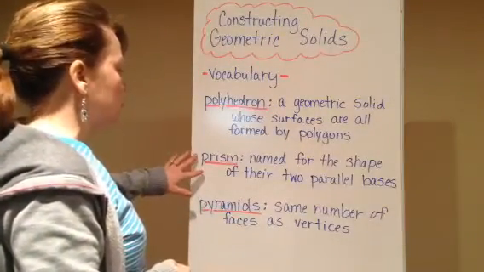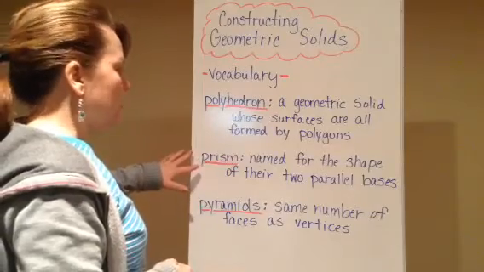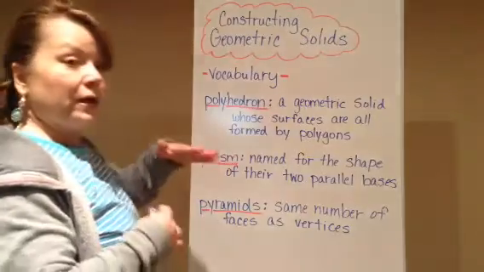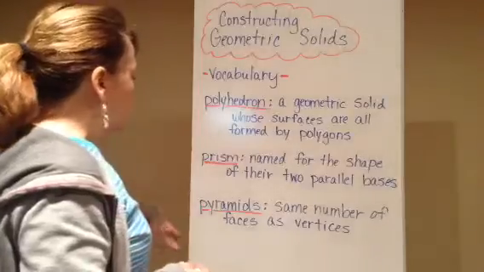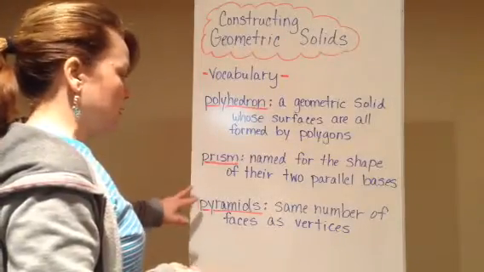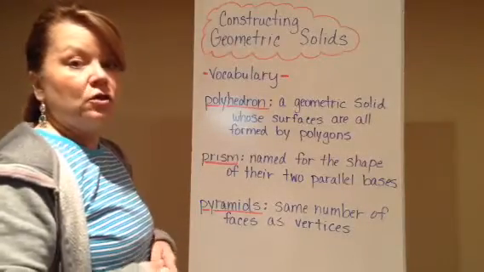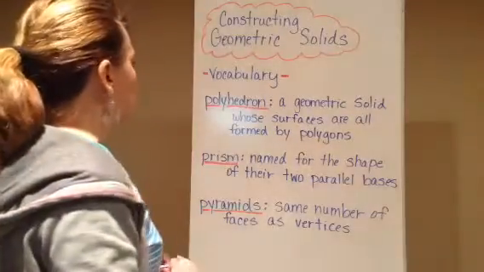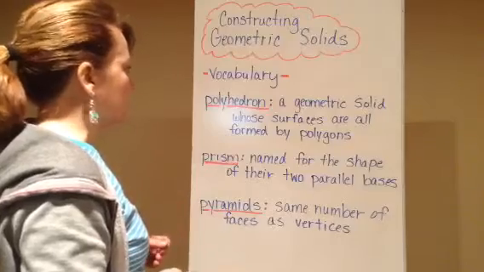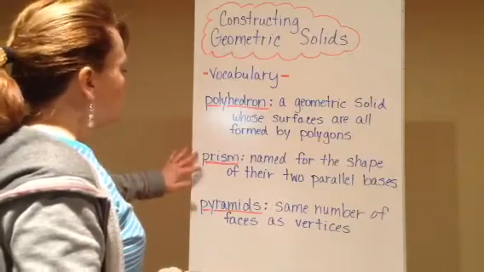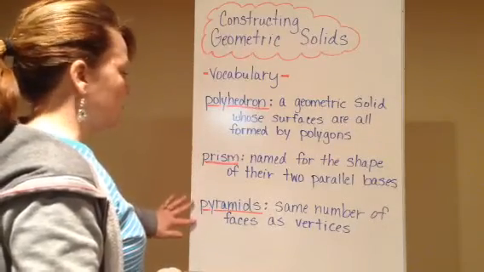So a geometric solid is called a prism based on the two parallel bases that it has. And it's called a pyramid if it has the same number of faces as it does vertices. Okay, so those are our three vocabulary words we want to touch on today: polyhedron, prism, and pyramids.